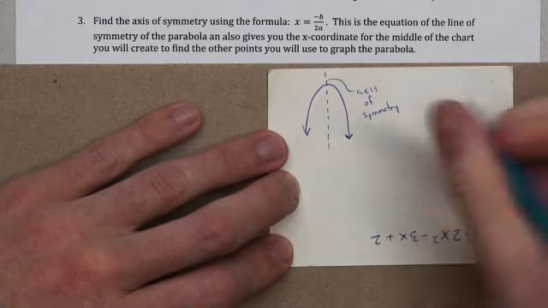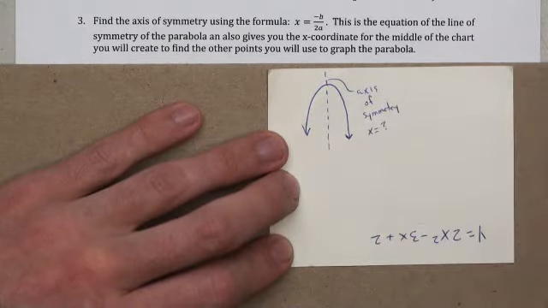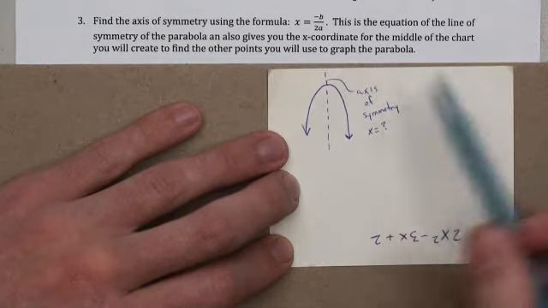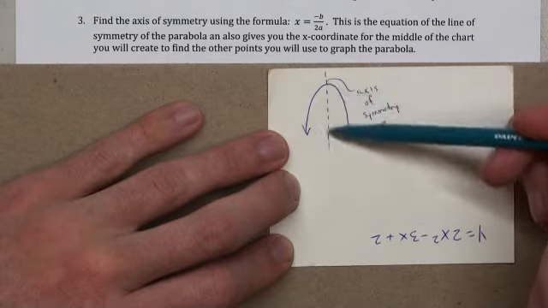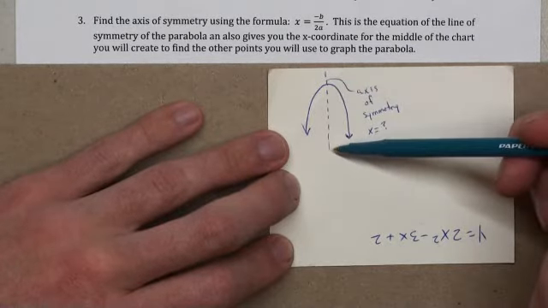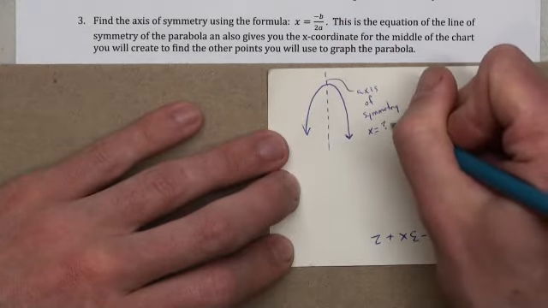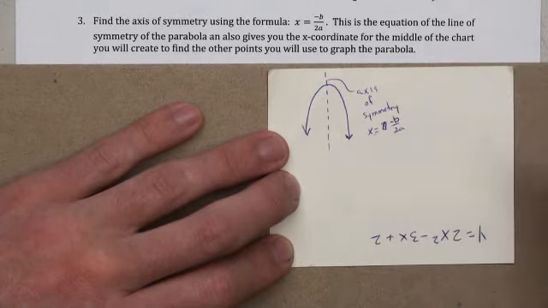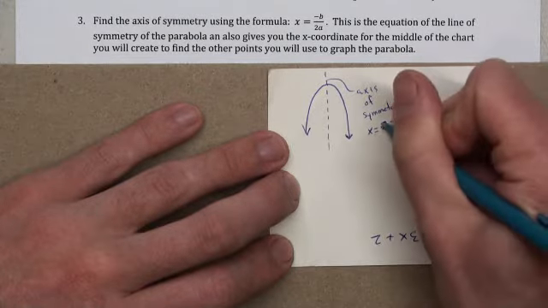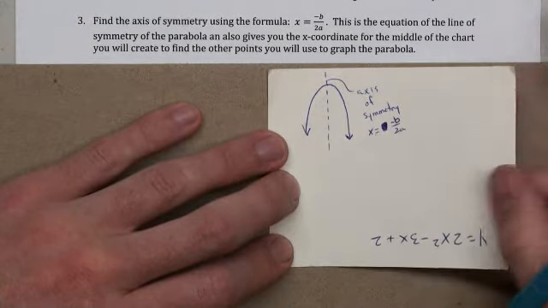It's going to be x equals something, and remember, x equals some number is a vertical line. To find where that vertical line is on our graph, we solve the formula x equals negative b over 2a. We're going to do that so many times that you'll get plenty of practice with it, so just know that we're going to have to do that.